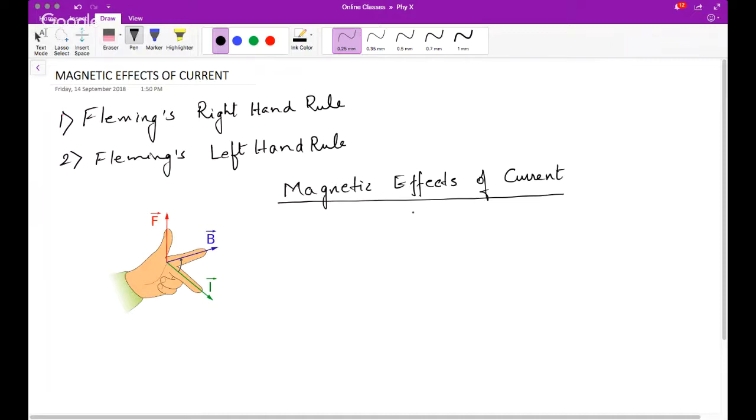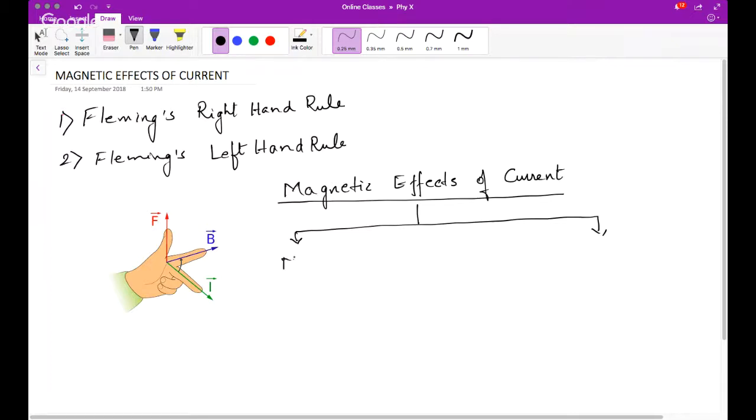I'll go by the practical examples, and then you can relate to what is the left hand and right hand rule. Always remember, we have two appliances, electrical machines, which are the application of whatever we have studied. And these two appliances broadly help us understand the entire magnetic effect of the current.